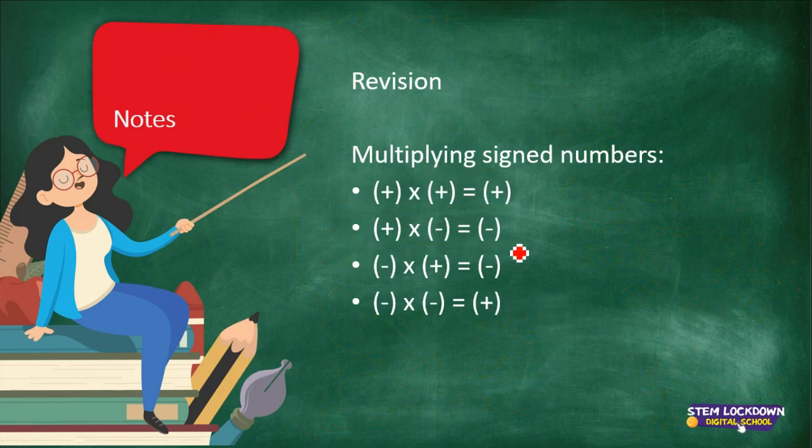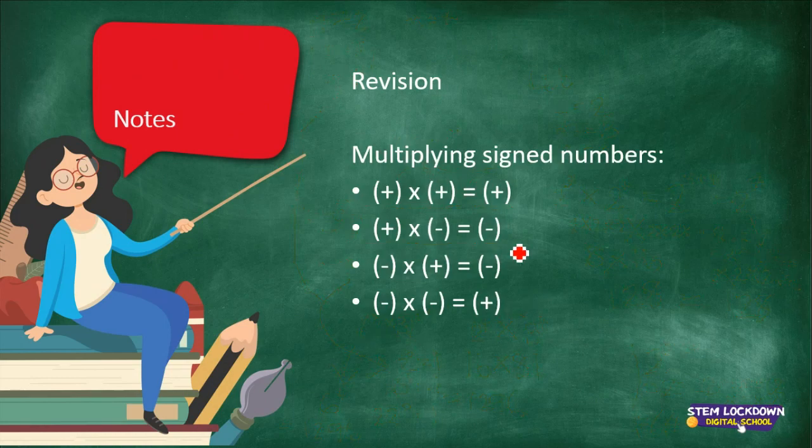Because I'm multiplying a positive, even though there's no sign, and a negative, my answer will be negative. That's why here I said negative times positive, answer is negative. And lastly, negative times negative is positive.